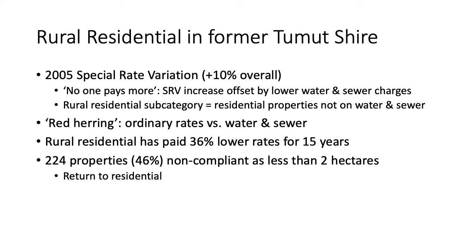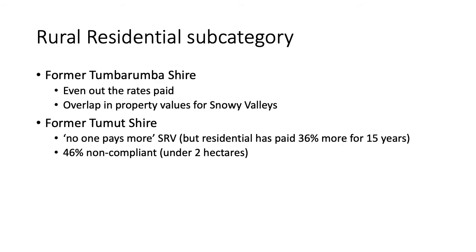So when this special rate variation expires, these properties need to return to the residential land use category anyway. So considering the current situation in each of the former councils and the history behind the rural residential subcategory, the option of eliminating a subcategory is one worth considering in the context of this whole process.